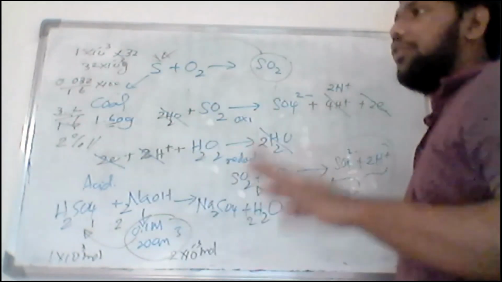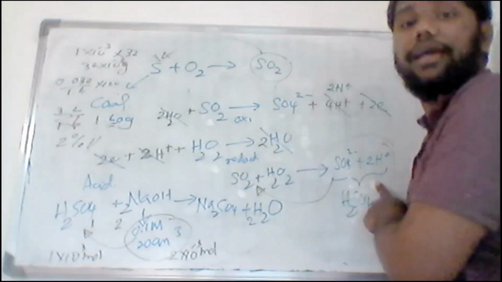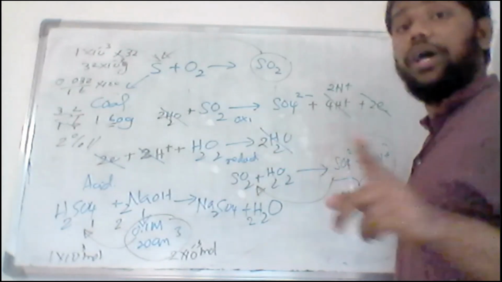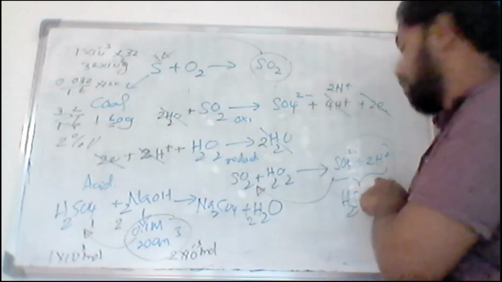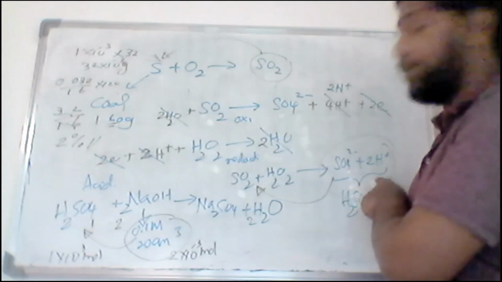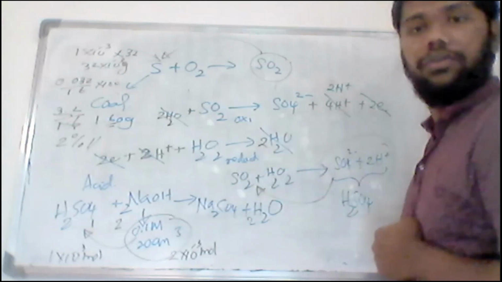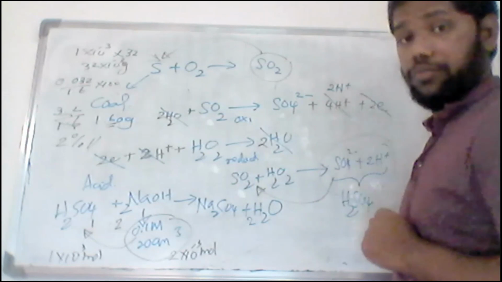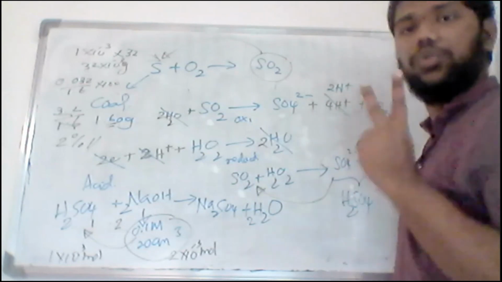But don't forget, if you think of this separately as H plus, you are going to end up in the wrong place. For example, if you think the 2H plus to SO2 is a 2:1 ratio, it is wrong. Why? Because the H2SO4 acid itself has 2H plus.